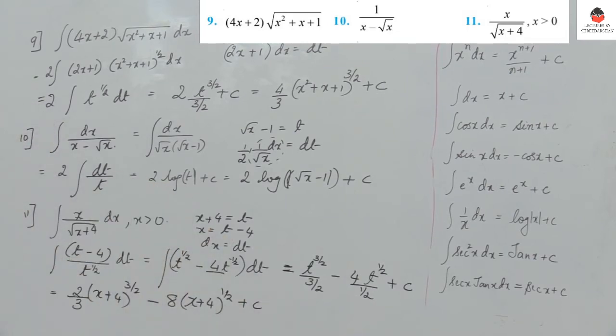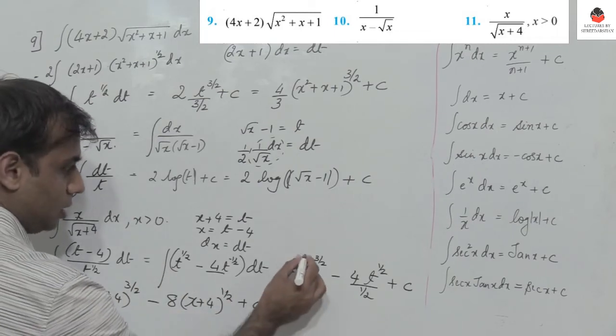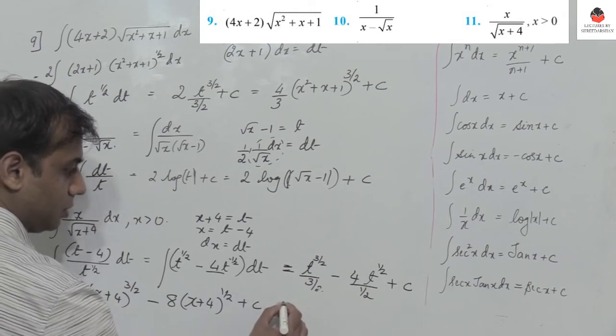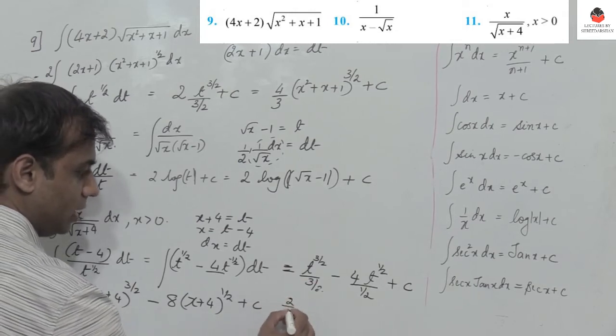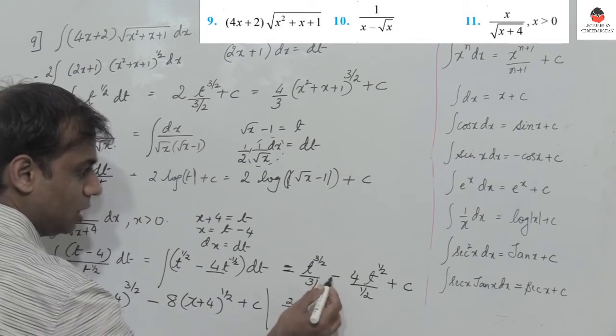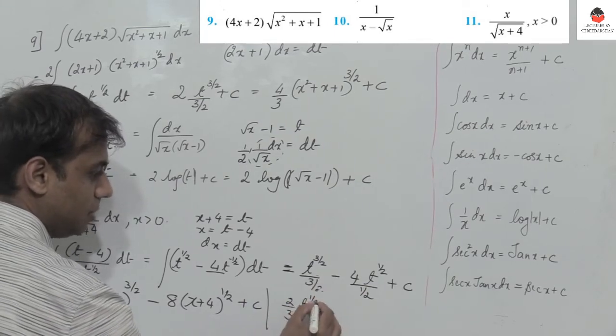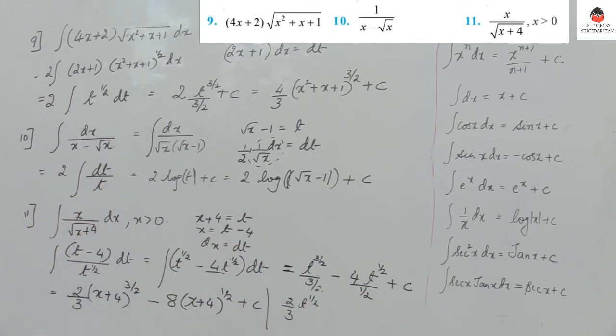Now if you observe in the textbook, he has given the answer in a different format. So what has been done is, taking this expression, that is 2 by 3, from these two you take t power half common.